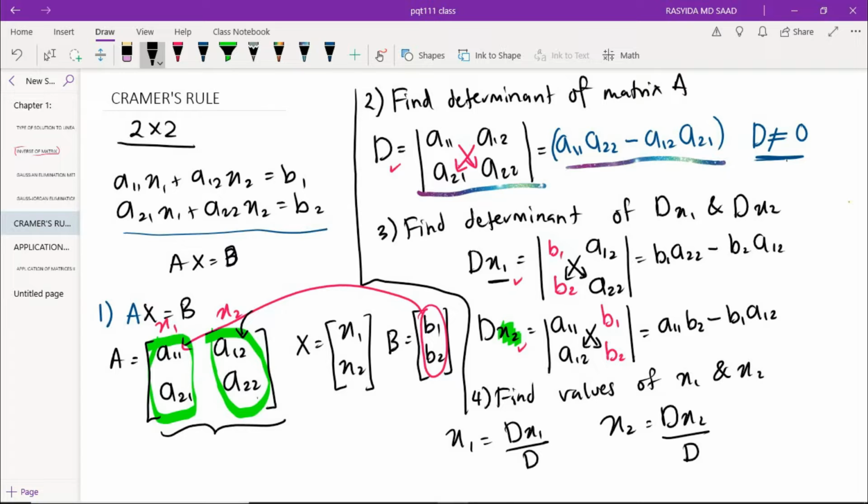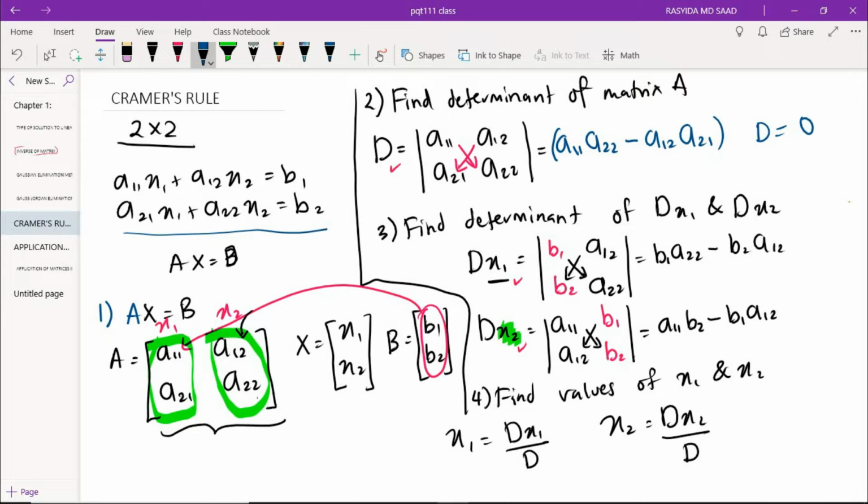Next we will take a look at how to apply Cramer's rule to 3 by 3 matrices. Remember, if you calculate your determinant and you get a determinant equal to 0, then we cannot apply Cramer's rule.